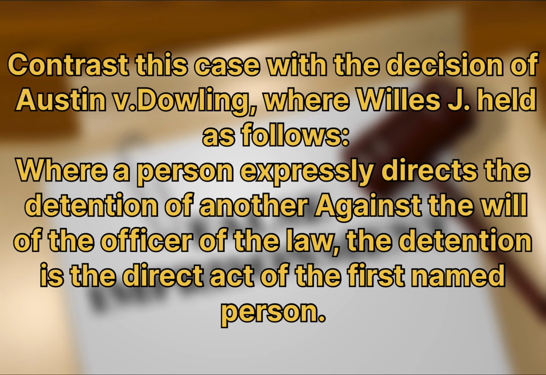Dolin, where Willis J. held as follows. Where a person expressly directs the detention of another against the will of the officer of the law, the detention is direct and is the direct act of the first named person.